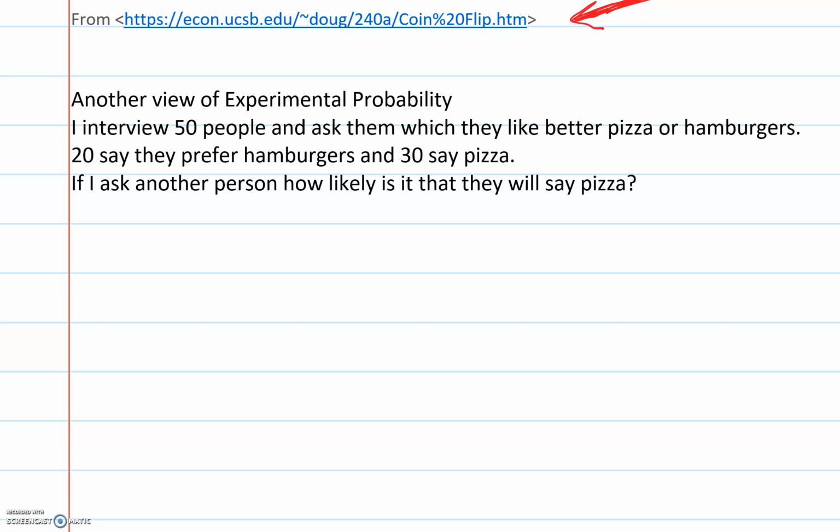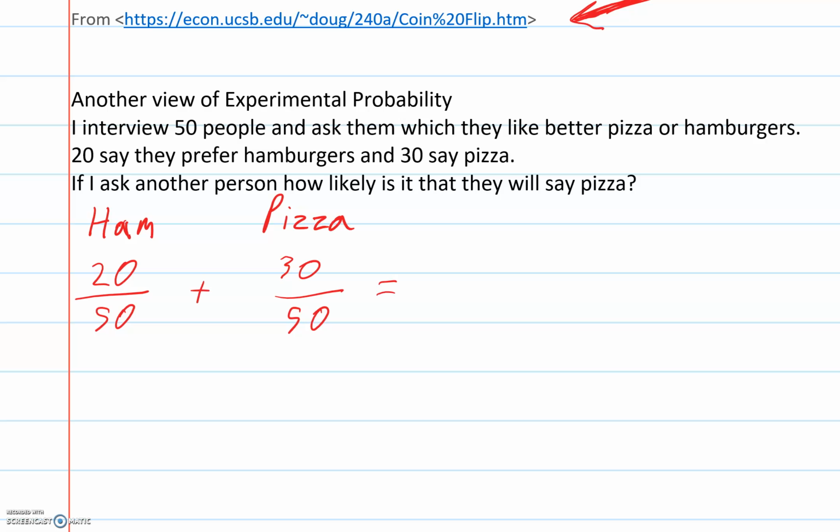So whenever I get to a question like this, I like to think of two different categories. So hamburgers and pizza. Well, how many liked hamburgers? 20 people. And how many like pizza? 30 people. And both are out of 50. This is important. You want to really think about all the different options so that when you add all the options, it equals 1 over 1, or whatever your number is.